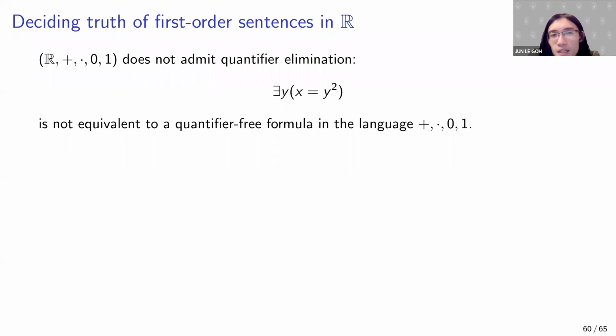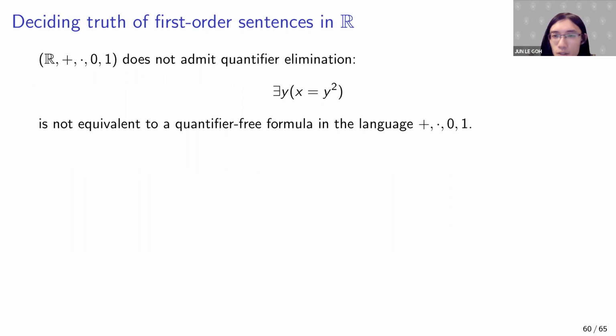Here I've given an example of such a formula. We can write a formula which defines the set of non-negative real numbers. We can just say, there is some y such that x is equal to y squared. This formula is true of exactly those non-negative x.